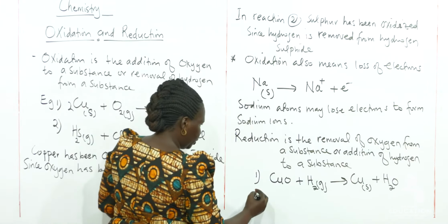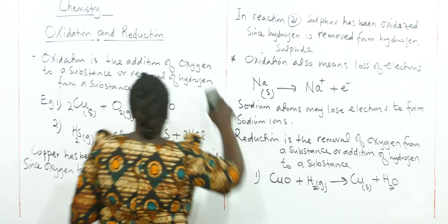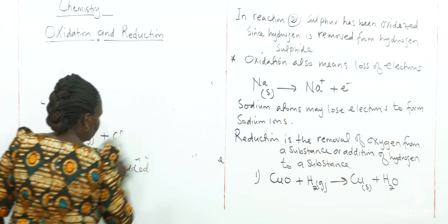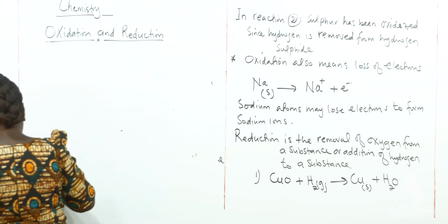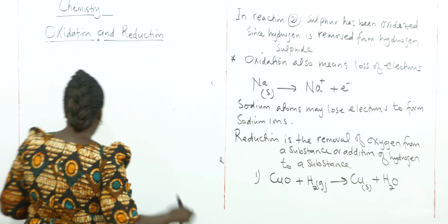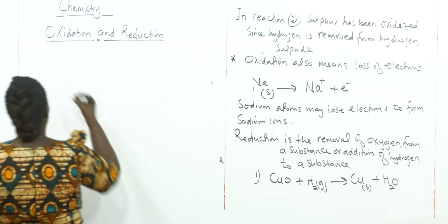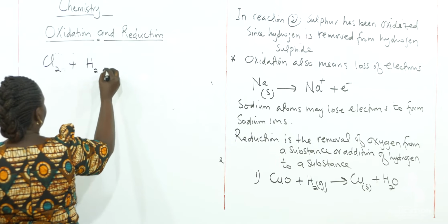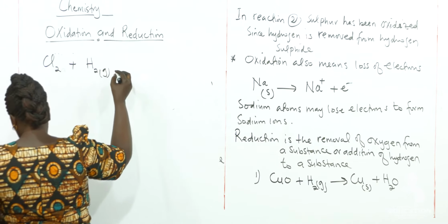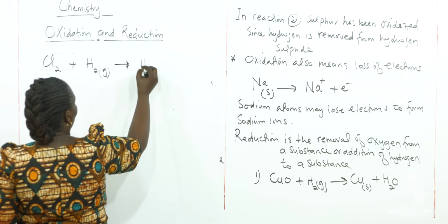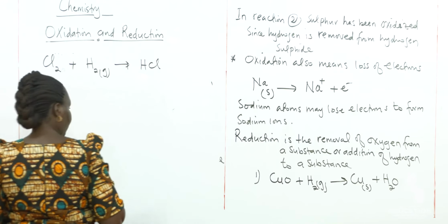In reaction number 2, we have chlorine molecule reacting with hydrogen gas to give us hydrochloric acid.